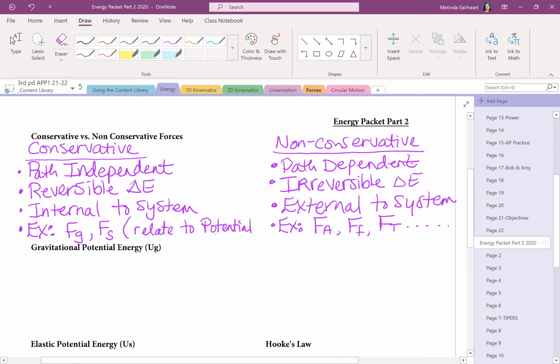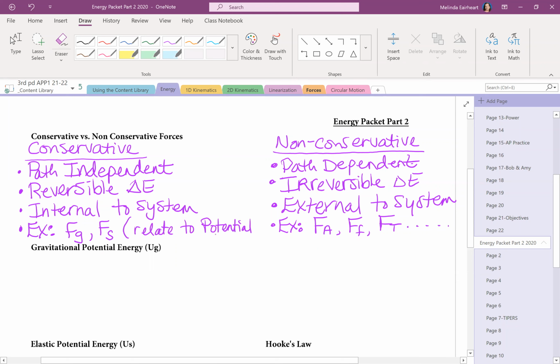Well, the work done by gravity, is it positive or negative or 0? Uh-oh, you just took a quiz on this. Gravity pulls down on the book that's moving up.